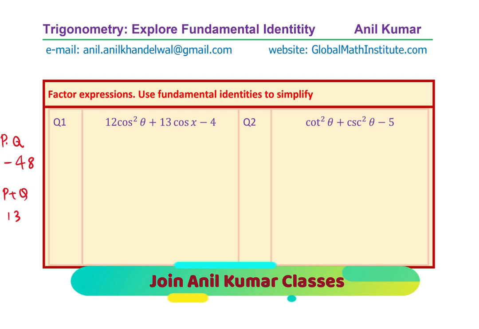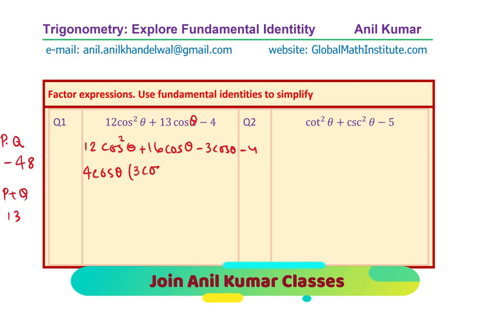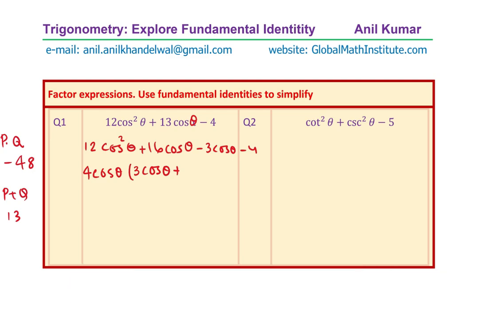So we could write this as 12 cos square theta plus 16 cos theta minus 3 cos theta minus 4. Now, in the first two terms, we can take 4 cos theta as common, so we get 4 cos theta times (3 cos theta plus 4).